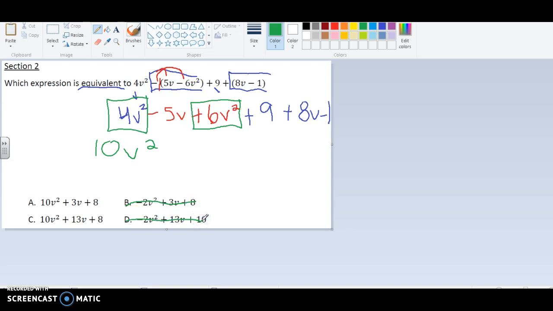All right, and now we have a negative 5b. Notice anytime you're getting like terms, you need to collect the sign in front of it. So here's a negative 5b. I'm looking for another term that has a b. There we go. Plus 8b. So negative 5 plus 8.